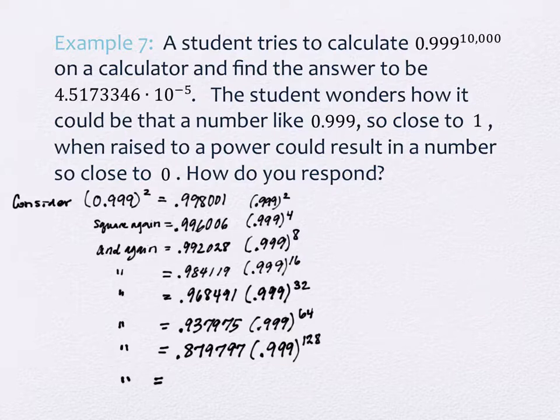All right, so the last one jumped about 6 cents-ish. What happens on the next time round? 0.774043. What exponent am I up to? 256, that's right.